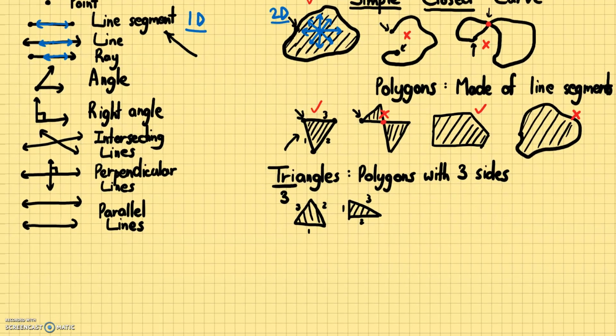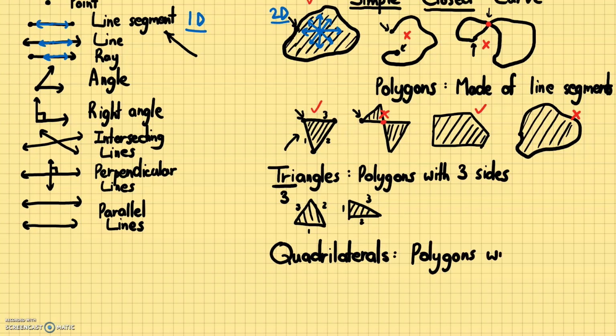And this one, I don't think you're familiar with the name. It's called quadrilaterals. Quadrilaterals are polygons with 4 sides.